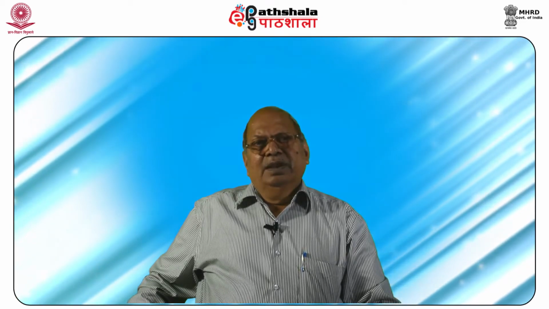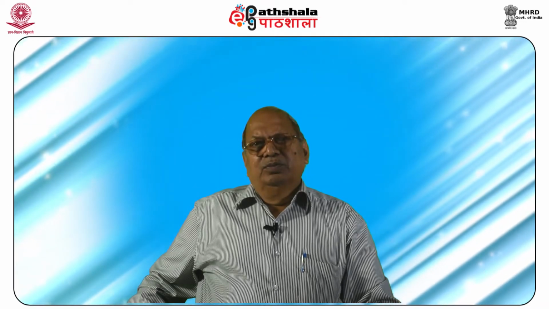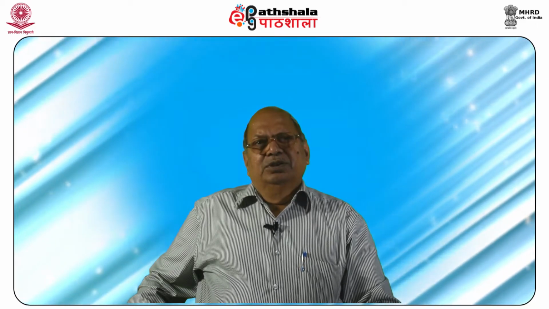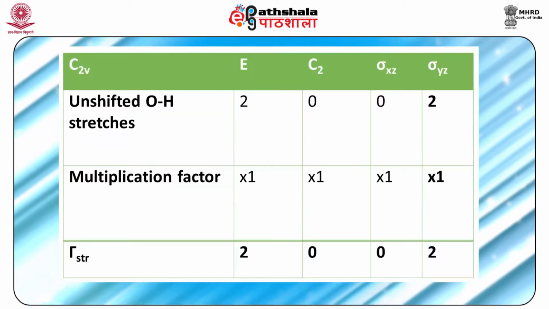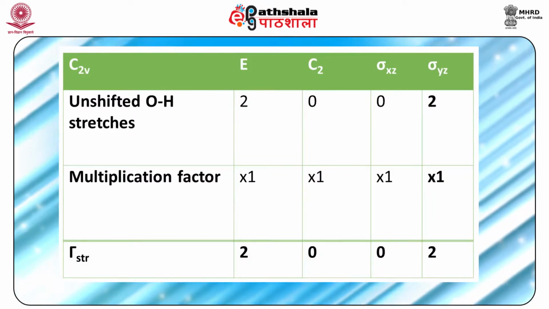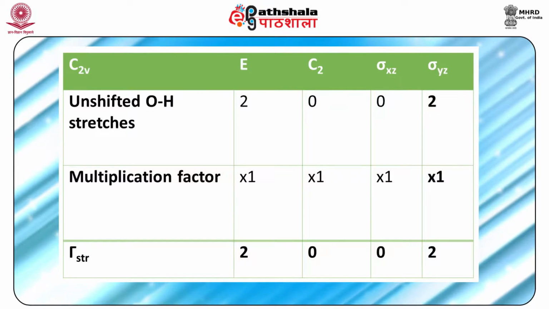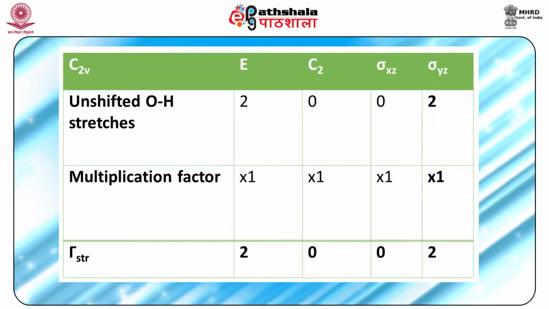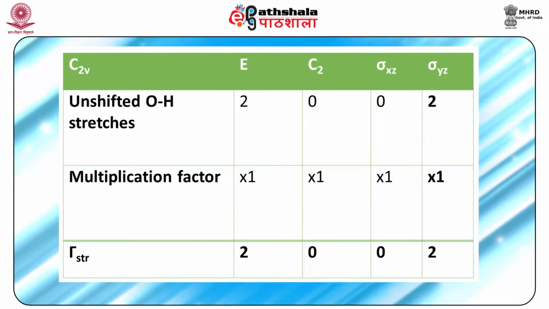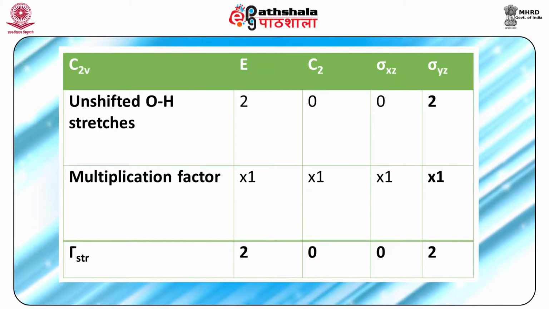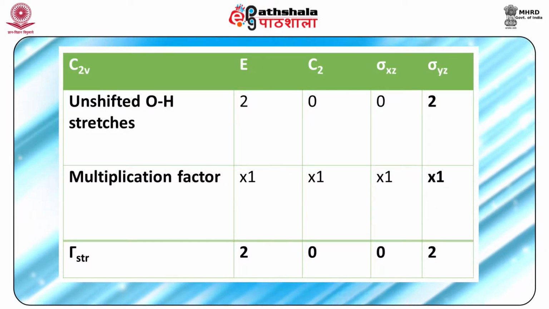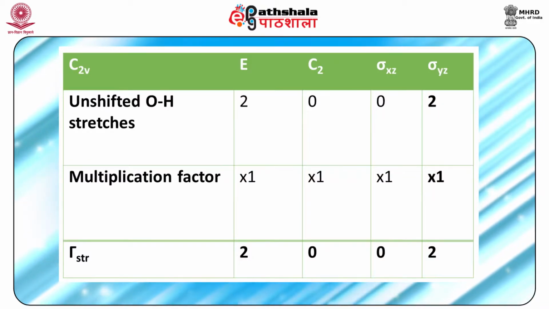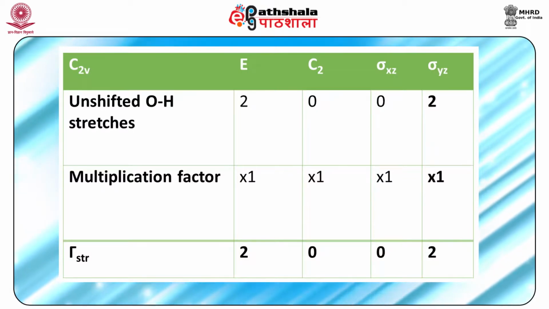Using the character table of the C2v point group, let us get the irreducible representation, that is Γ bending or Γ stretching. First, let us find Γ stretch, that is, I will use the two OH bond vectors as the basis. For the symmetry operations E, C2, σxz and σyz, I will check the effect of these symmetry operations on both OH bonds, and the results are given in this table.